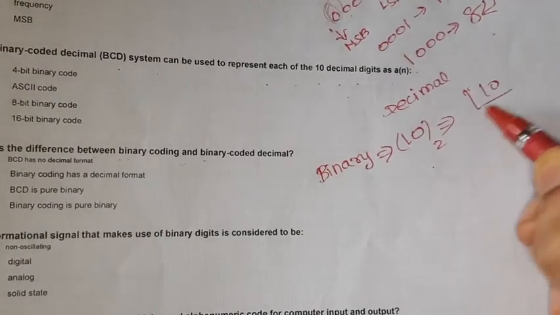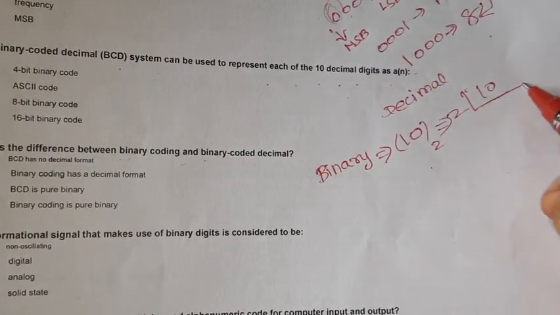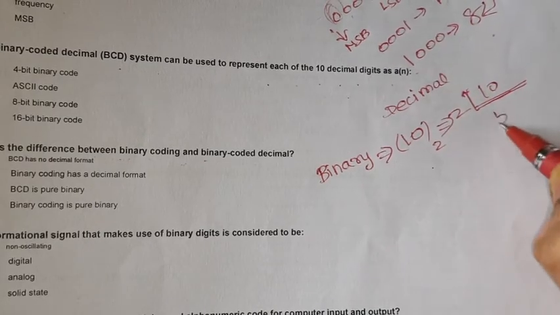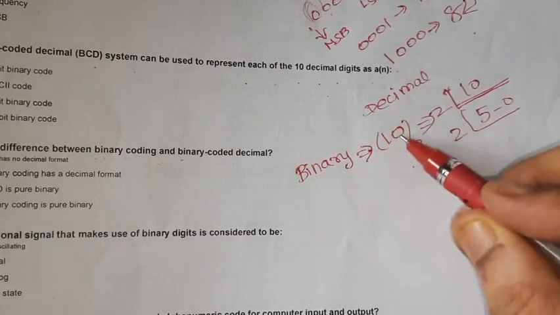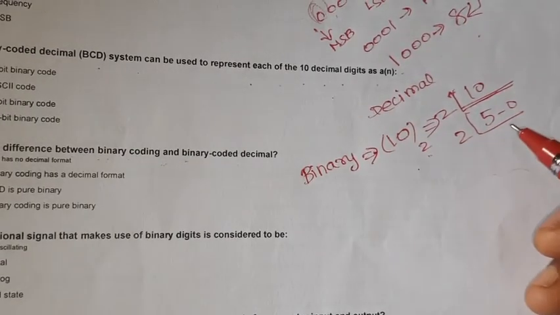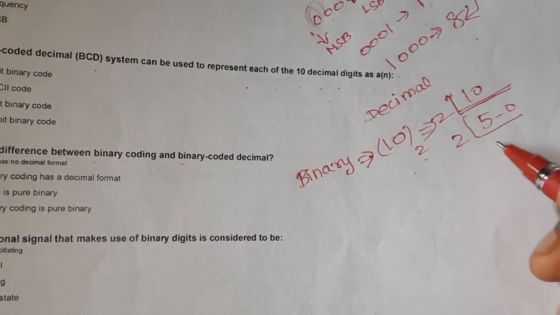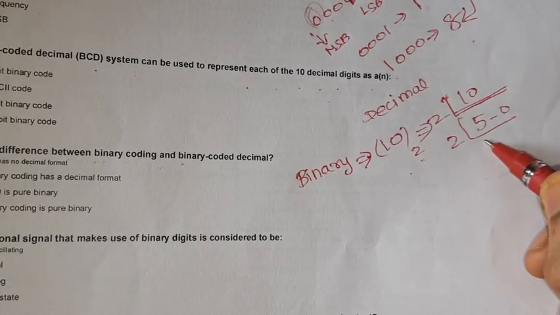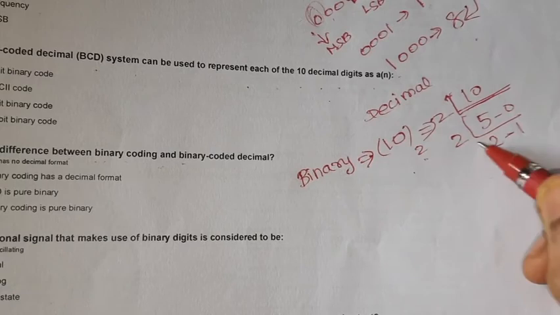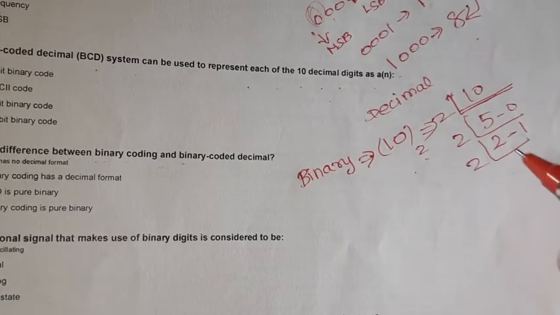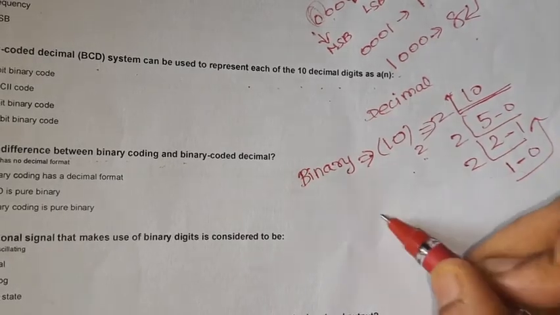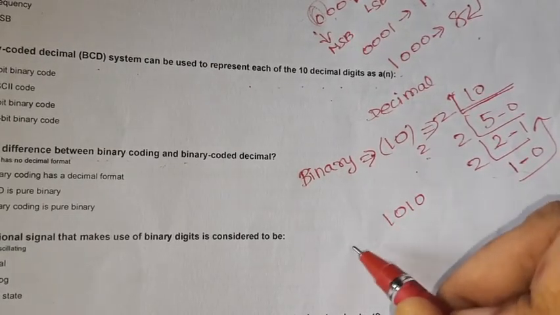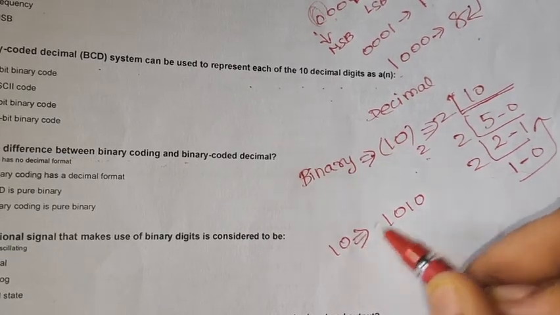The method is dividing by 2 repeatedly: 10 by 2 is 5, 5 by 2 is 2 remainder 1, 2 by 2 is 1, and reading the remainders gives 1010 as the equivalent binary number.